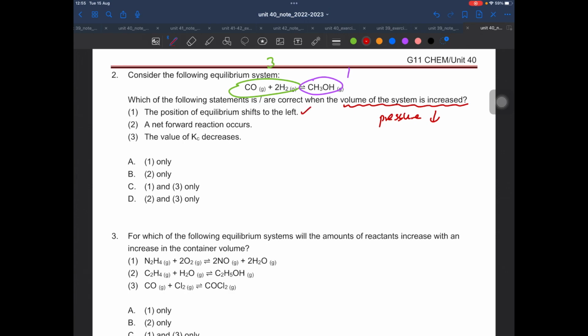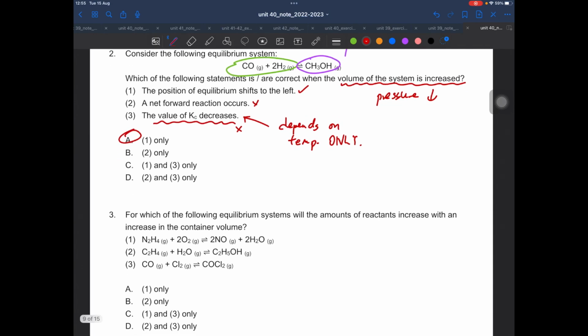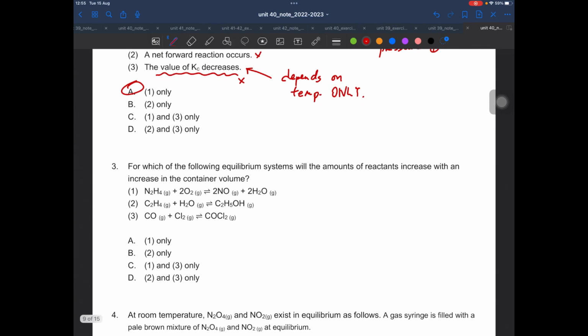Pressure drop, the position shifts to left, good, because more moles of gas, right? Then of course not forward, and here is critical. We only change the volume, not temperature. Please write it down. Depends on temperature only. So this is not correct. So the answer is A.